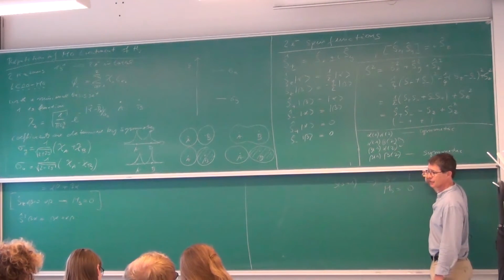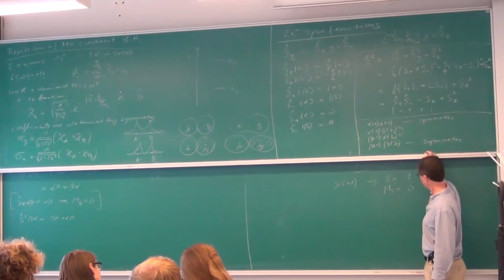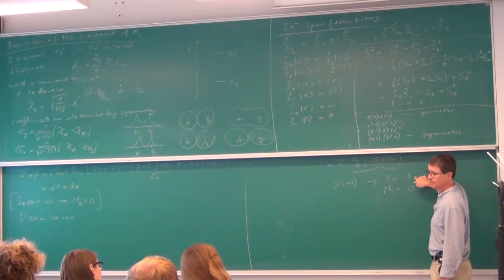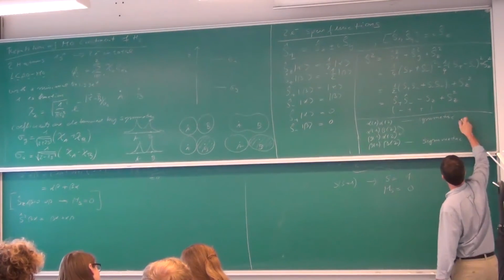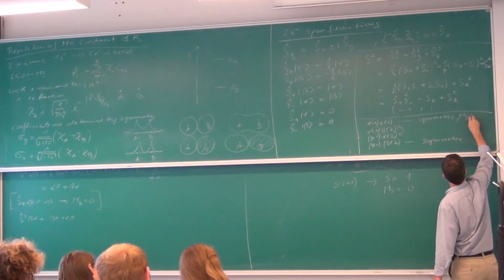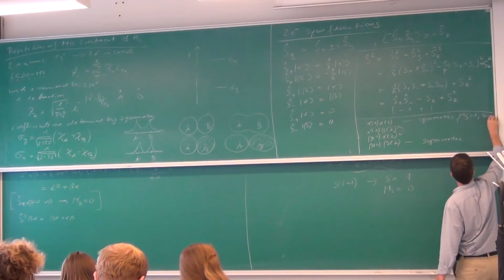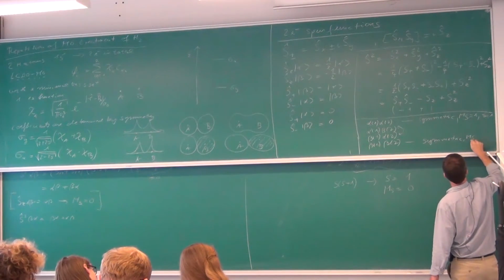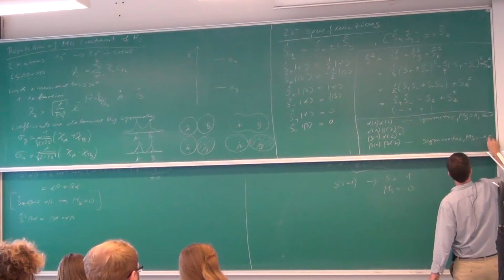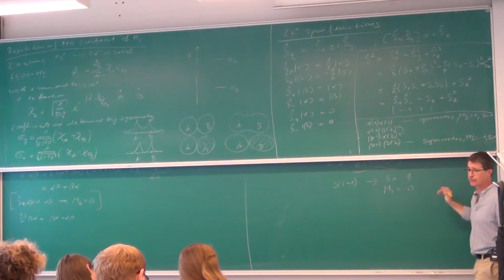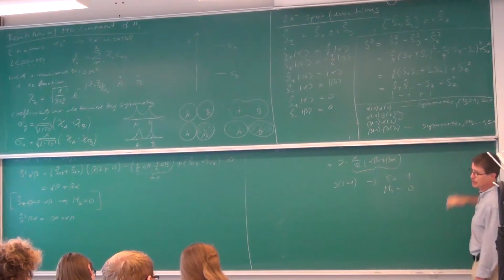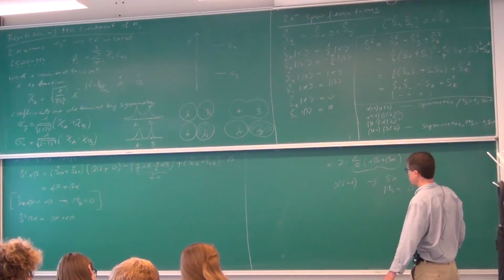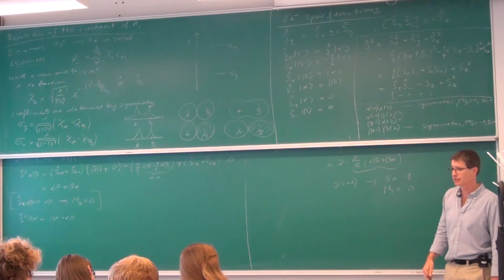So those are the other 2 components of S equals 1. This one is MS 1 of S 1, and this is MS minus 1 of S 1, so they are the 3 components, or 3 orientations, for S equal 1. So those are the triplet wave functions.